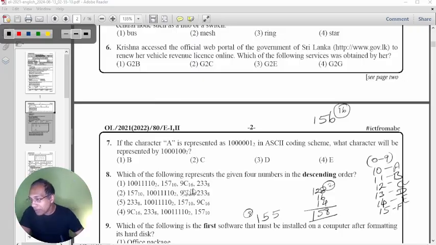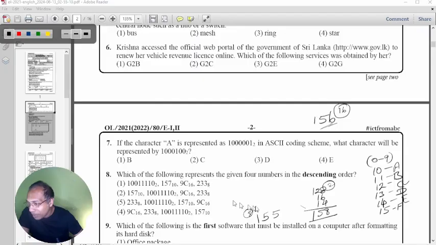Okay, so that is correct. So this is the right number: binary, which is 158. Then we have 157, which is the normal decimal, and then we have hexa 156, right?